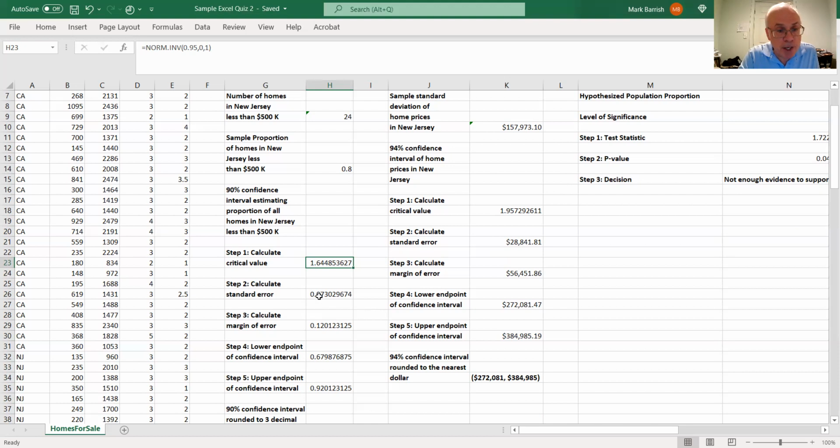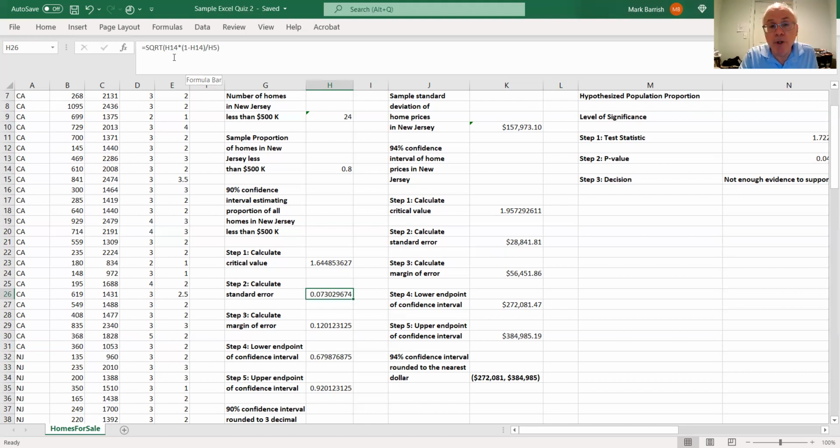Step 2 is to calculate the standard error. And if you remember, that's a square root formula, right? So SQRT, remember you always use an equal sign before you use a function. SQRT is a square root function. And inside, the first one is going to be H14. That is going to be our 0.8. So you have to refer to it. Don't put 0.8 in here. Again, I'll give you 0 credit if you just type numbers in.